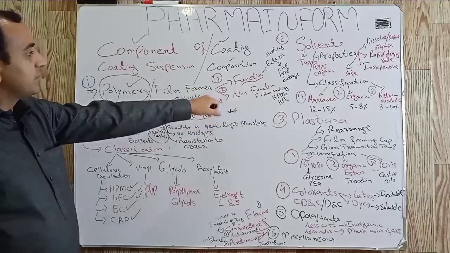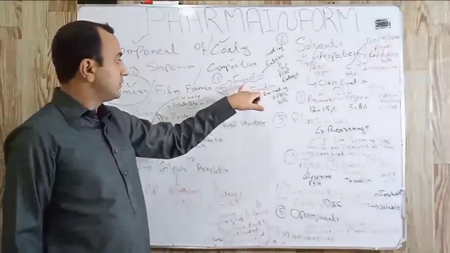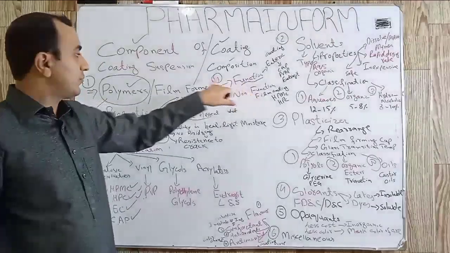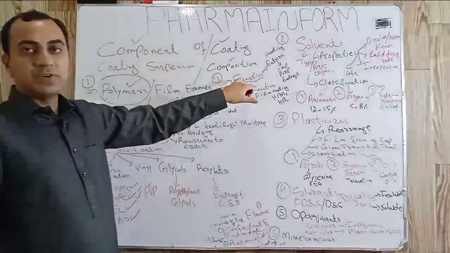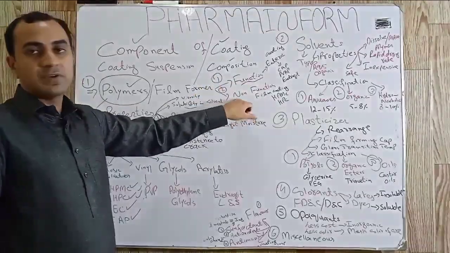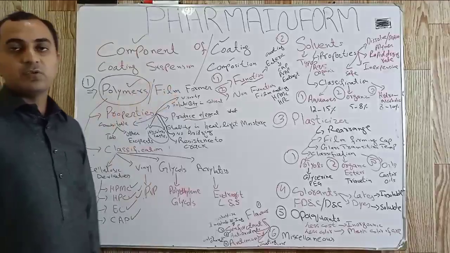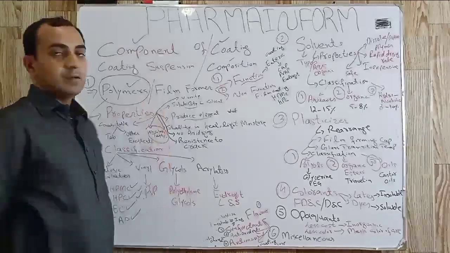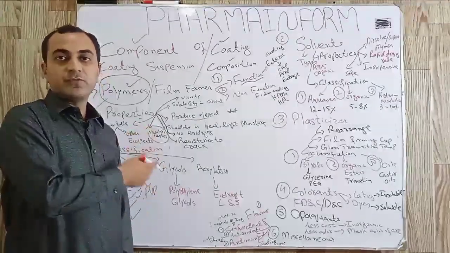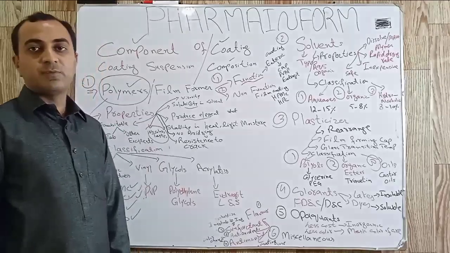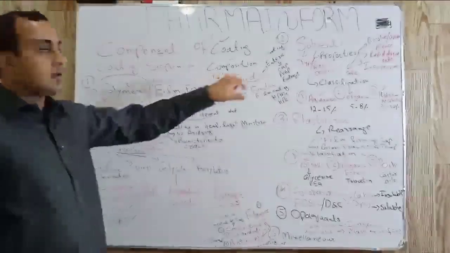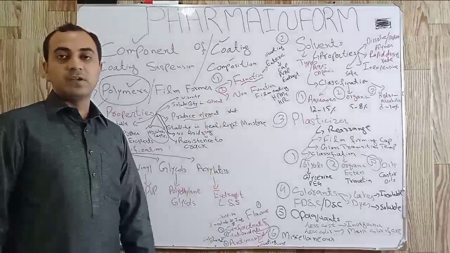Now we have 2 main types of coating. One is functional coating and the other is non-functional coating. Basically, on the basis of the polymer we are using, we divide our coating into 2 classes.